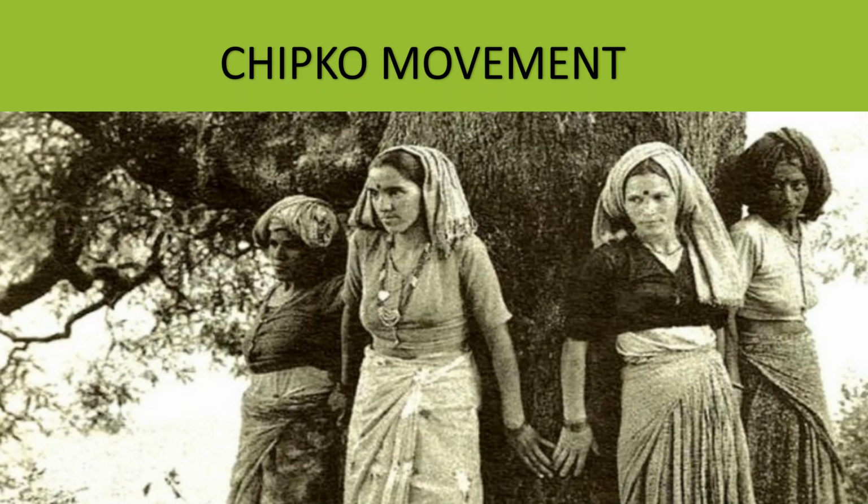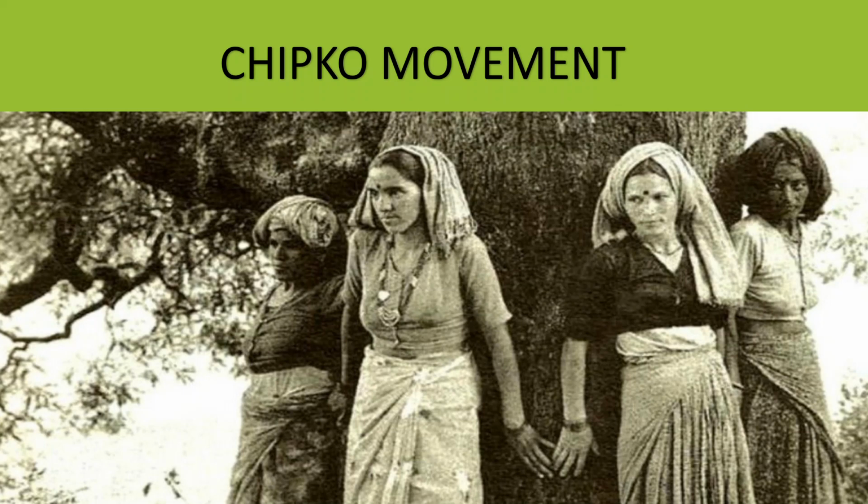Nowadays a lot of research is going on about global warming, and deforestation is also a very big reason for it, which is a very big problem for our environment. So in 1973 it was the first step for the beginning of a good environment. Now, why did this movement start? Why did this movement keep going?